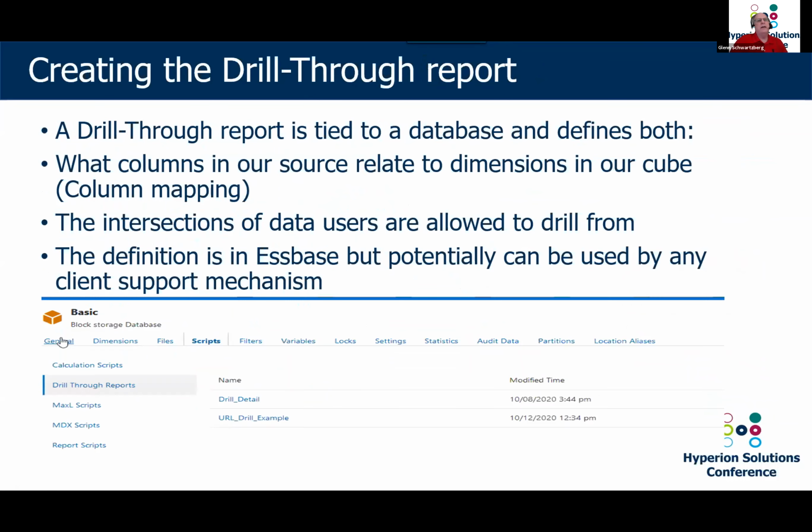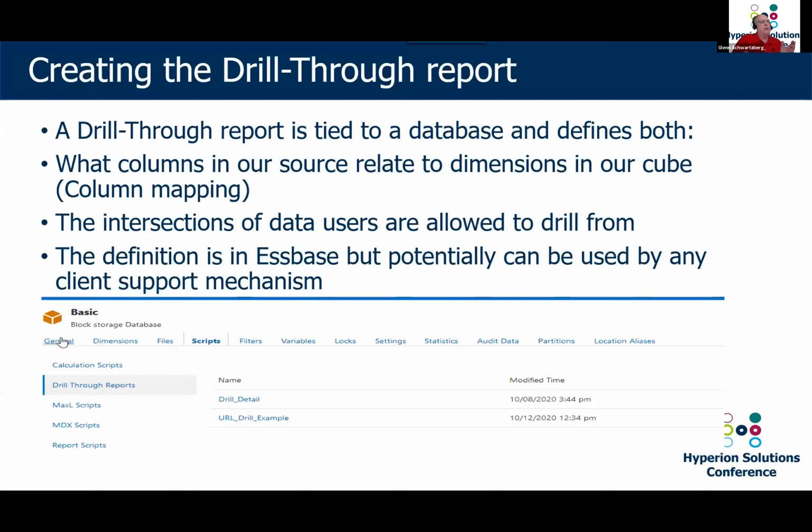So once you've done that, the next thing that we're going to want to do is create the drill through report itself. And the drill through report is tied to a database. What the drill through report is going to give us is it defines what columns in our source relate to what dimensions are in our cube.